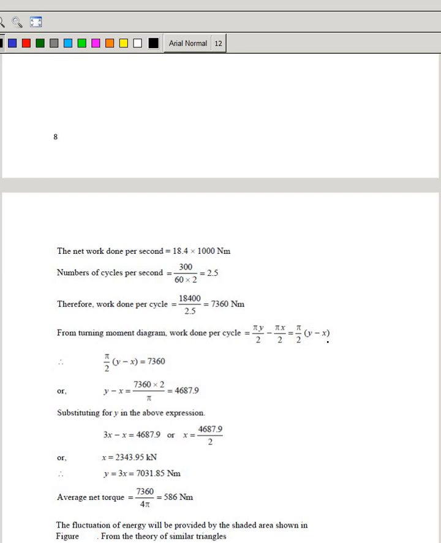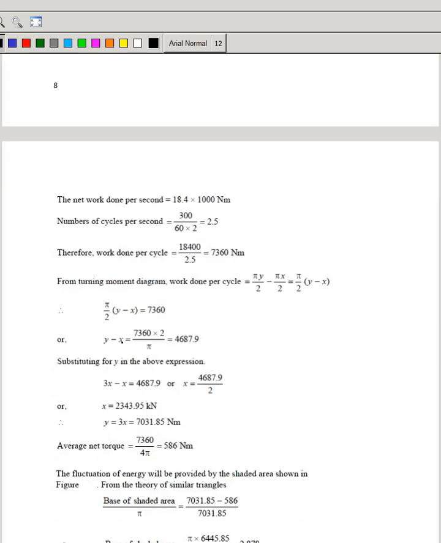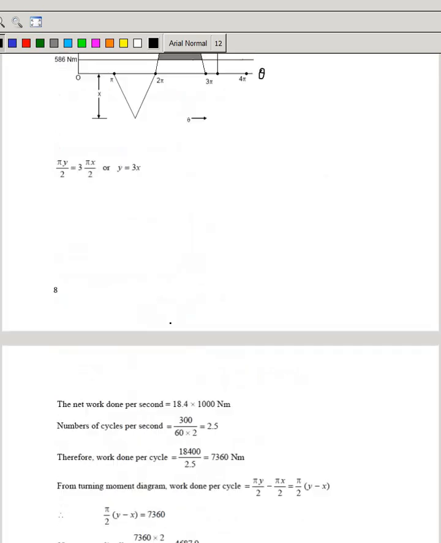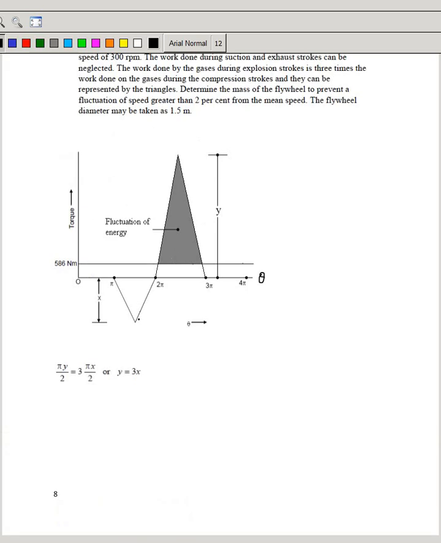So this is the work done per cycle, and that must be equal to 7360, or y minus x is this. Now substituting the value of y in the above expression, since we know y equal to 3x, we get x equal to this and y equal to this. So now we know what is x and what is y.